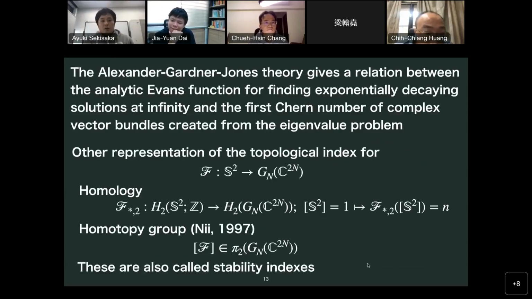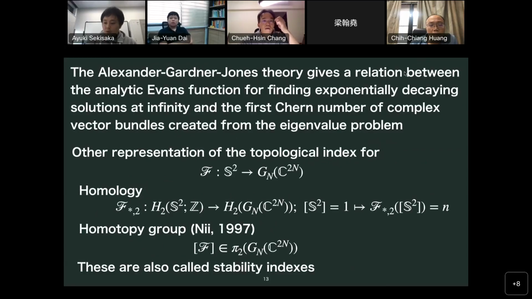So the Alexander, Gardner, Jones theory gives a relation between the analytic Evans function, for finding exponentially decaying solutions at infinity, and the first Chern number of a complex vector bundle created from an eigenvalue problem.